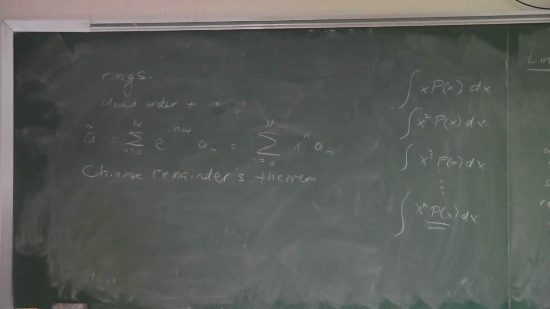You can divide a polynomial by a lesser polynomial, you get a polynomial plus a remainder. Okay? So rings have this kind of property. So you can have a very complicated polynomial or very complicated integer. You divide by two numbers, you have two remainders. Or maybe you divide by three numbers, you have three remainders. And from the remainders, you can determine what the actual number is. That's called the Chinese remainder theorem.